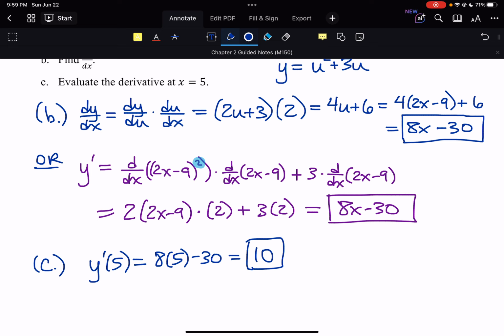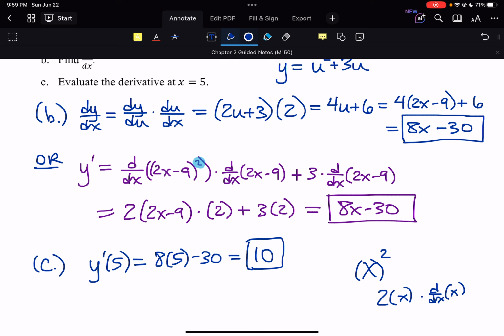Now, the chain rule can be extended to any derivative formula that we have and any one that we need. It's not limited to one specific type of function. And technically, it's getting used all the time, even when we don't know that we're using it. Because if you were just going to take the derivative of x squared, you would take the derivative of the outer portion, so you'd bring down the 2 times the derivative of the inner portion.